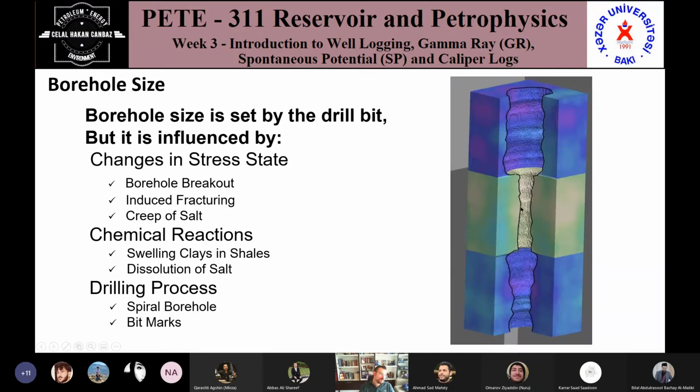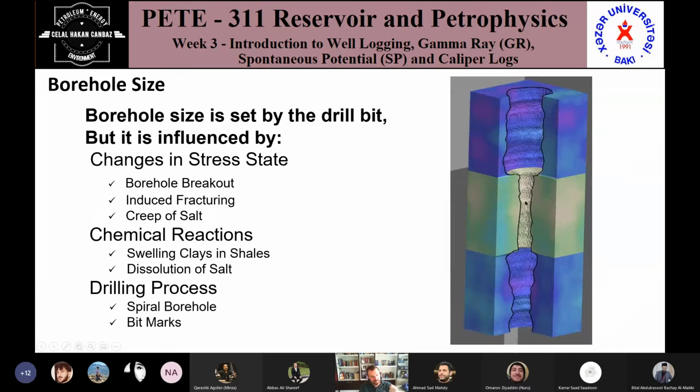This is a leaner formation compared with the shale, right? So your drilling bit size is like this normally. But what happens in here? Because of the stress that is applied from the formation, your drilling bit has moved around. When it moves around, because it wants to drill, it creates something like this compared with this one.